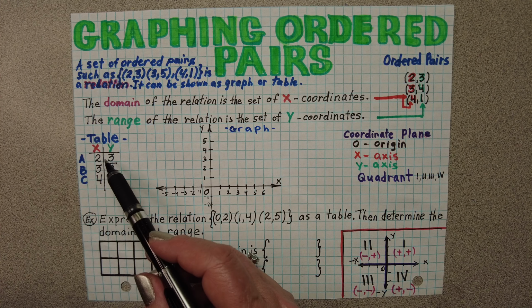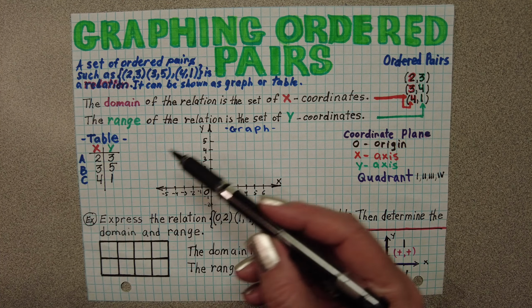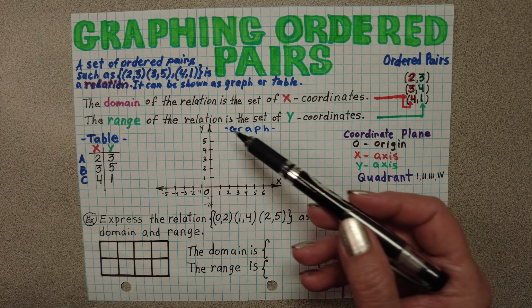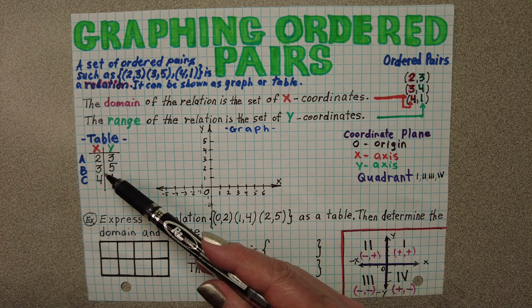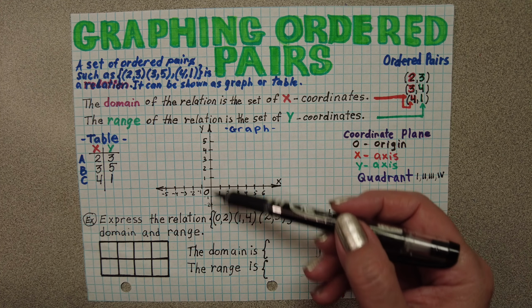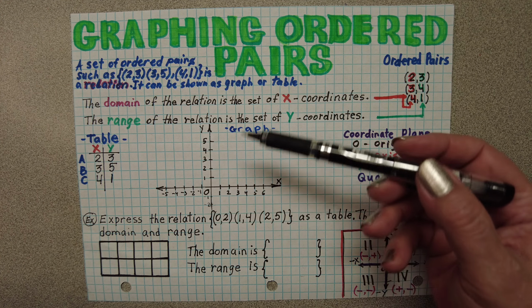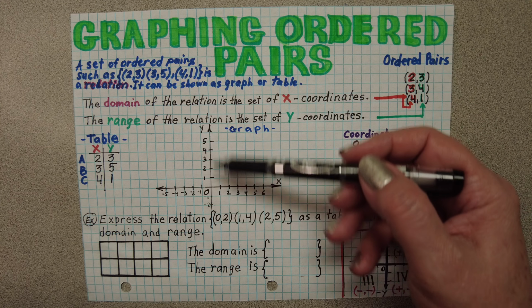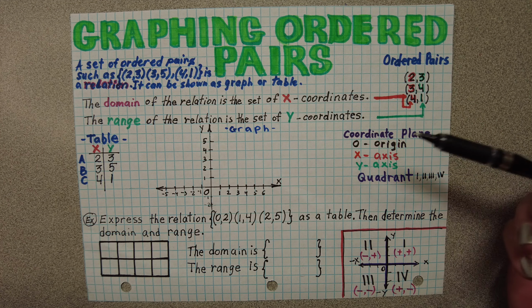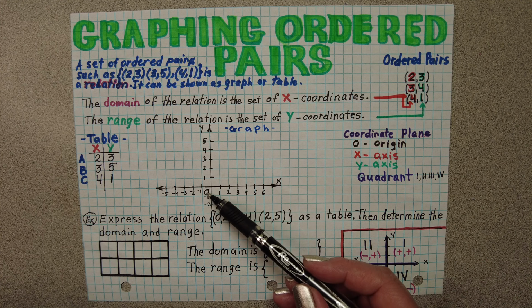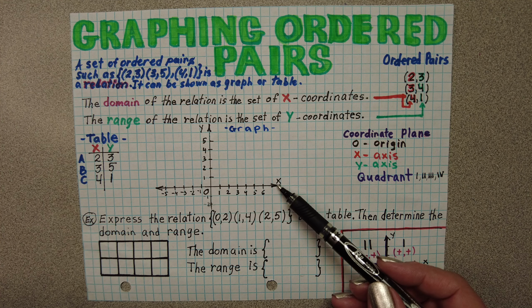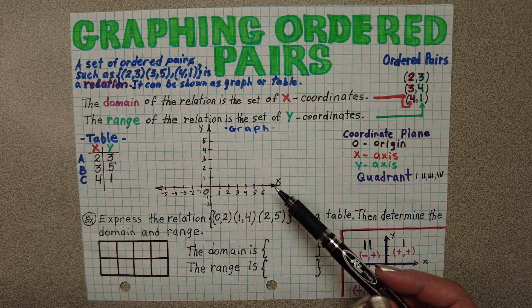So those are points. On this graph, we're gonna find the location of these points. How do we find them? So let me first introduce you what this graph means. This is a coordinate plane that has an origin with 0, x-axis and y-axis.